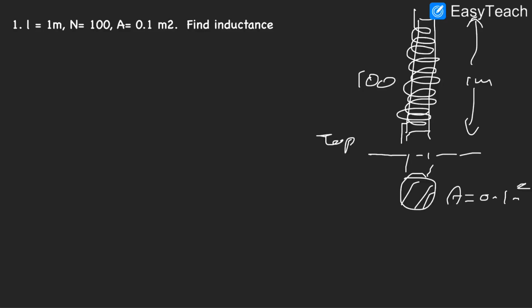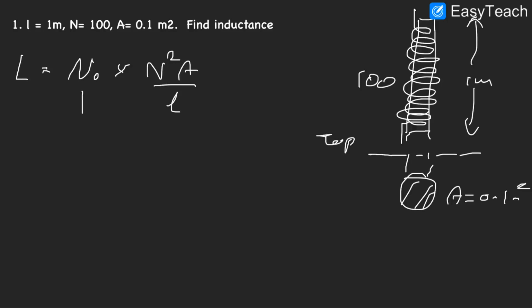There is a very simple formula: the symbol for inductance is L, and L is mu naught times n square times area divided by length. N is our number of turns, A is the area of cross section of the core, and L is how long our inductor is. So I gotta explain mu naught.